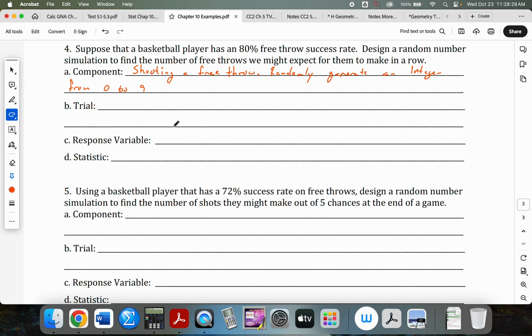Either way doesn't really matter. Let 0 through 7 represent a make, and 8 through 9 represent a miss.